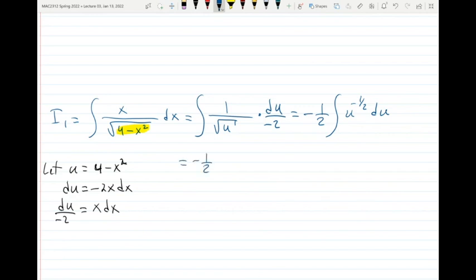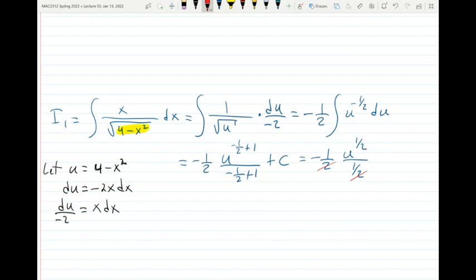Remember, the power rule says that you just add 1 to the exponent. So we're going to get negative 1/2 plus 1 over negative 1/2 plus 1. So we have negative 1/2 times u to the 1/2 over 1/2. These 2's cancel out because the 1/2 in the denominator, that's a 2 that comes to the top, then simplifies with this one.